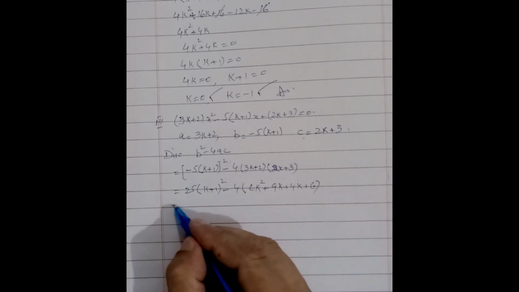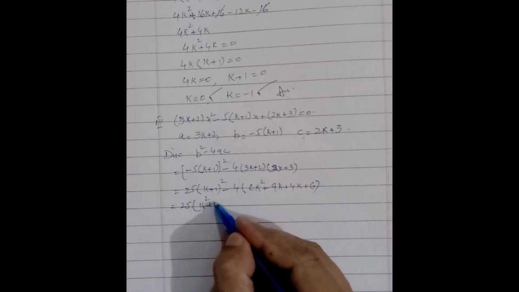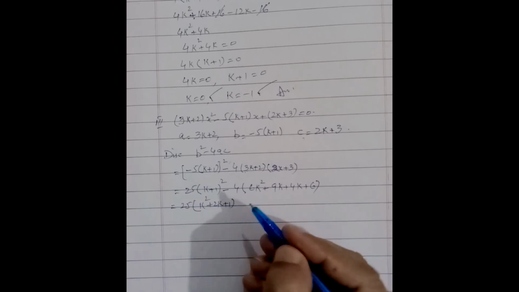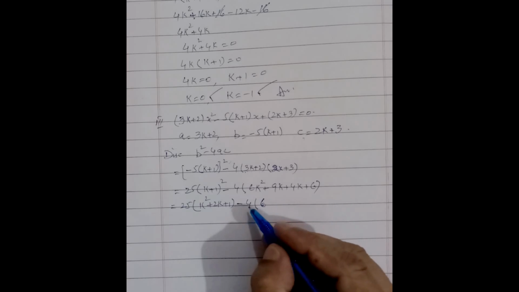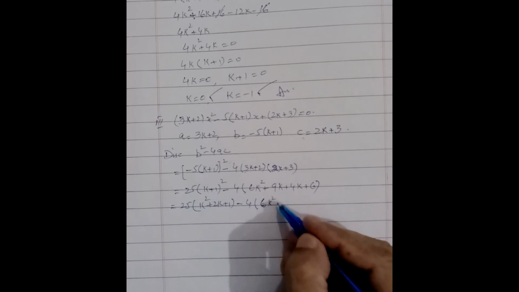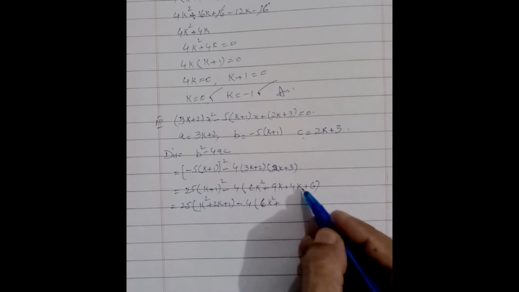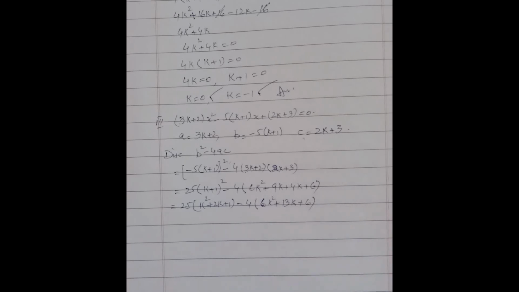And then simplify. 25 into k square plus 2k plus 1 minus 4 into, out of the bracket, 6k square plus 9k plus 4k is equal to 13k plus 6. And now we multiply 25 in the bracket and 4 in this bracket.